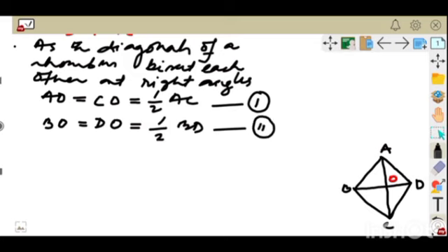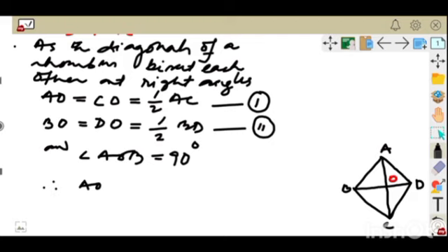And next, we can write here, angle AOB is what? 90 degrees. So as angle AOB is 90 degrees, we can tell that triangle AOB is a right angle triangle.